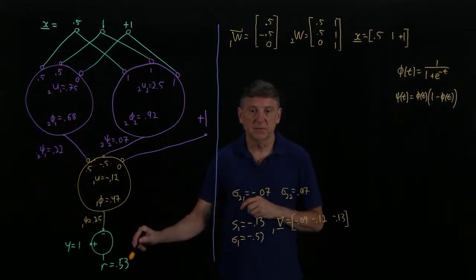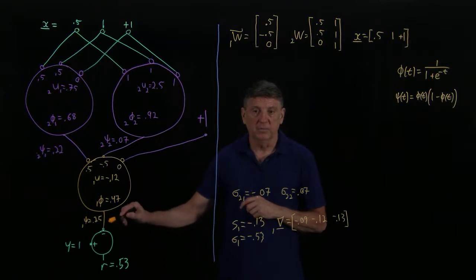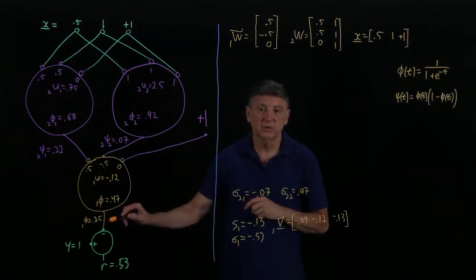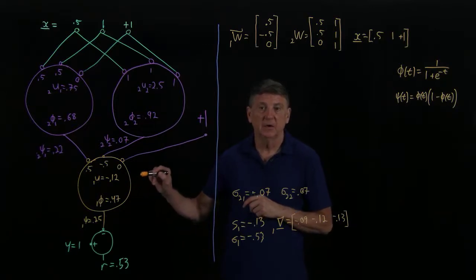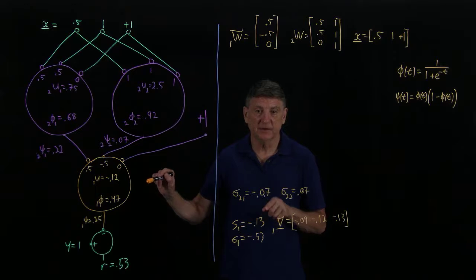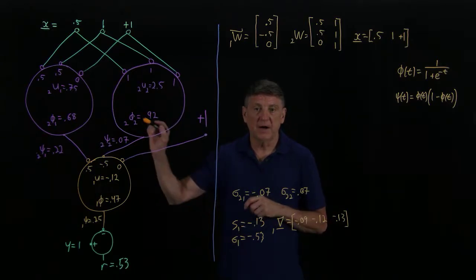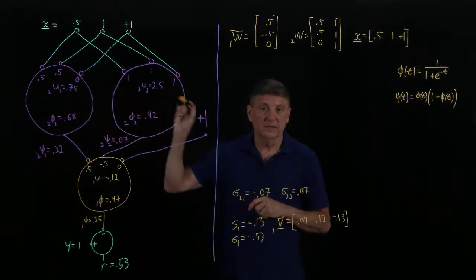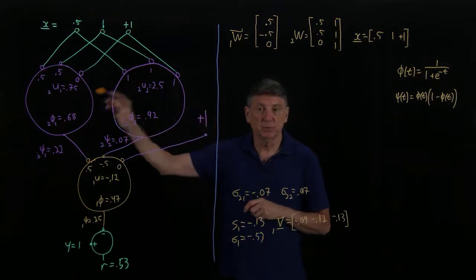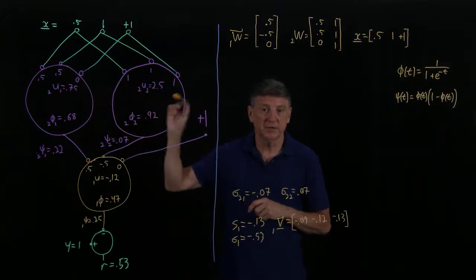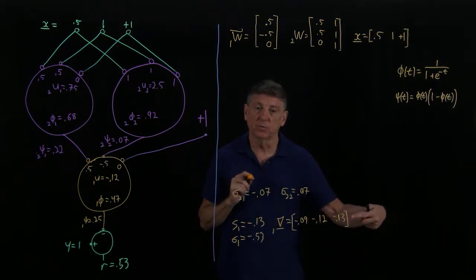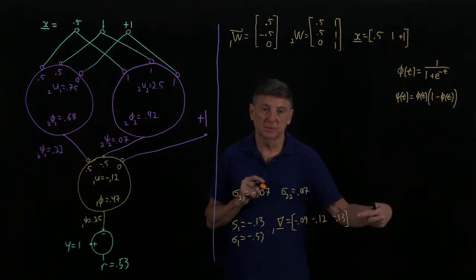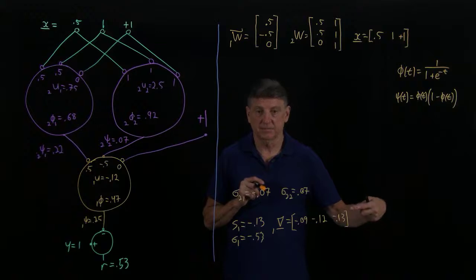So we've taken the residual error, we've backpropagated it using the derivative of the activation function to find the weights that this is seeing, and then we multiply that scale factor, which is our S1, by what this neuron sees as its inputs, which is 0.68, 0.92, and 1, and we get the gradient contribution to our overall network gradient as this.